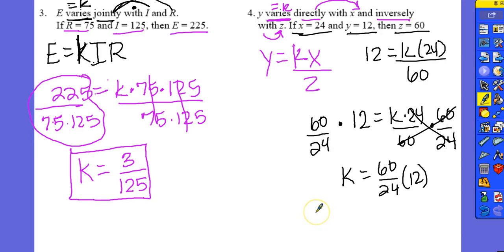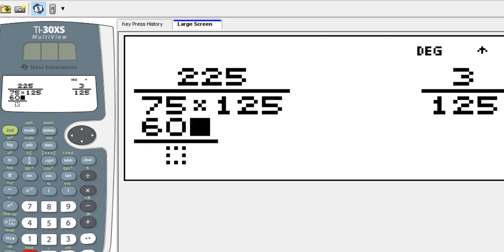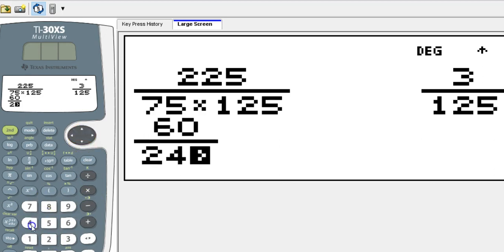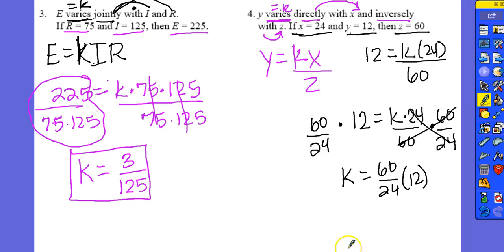Calculators are genius. So what was it again? 60 over 24 times 12? 30. Done. No big deal on that. And so we get K equals 30.